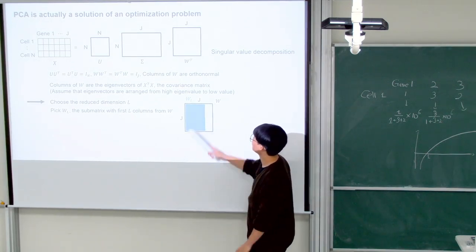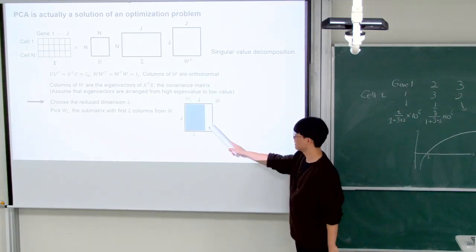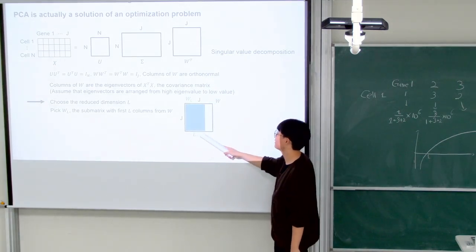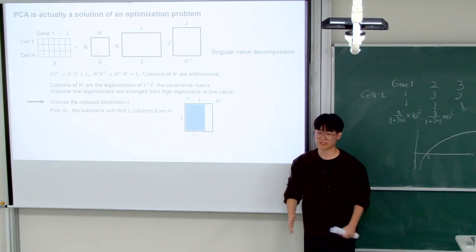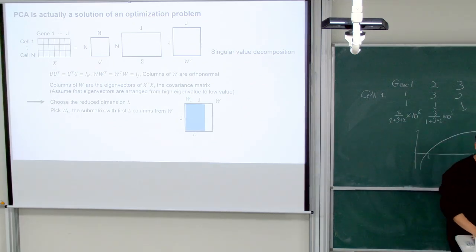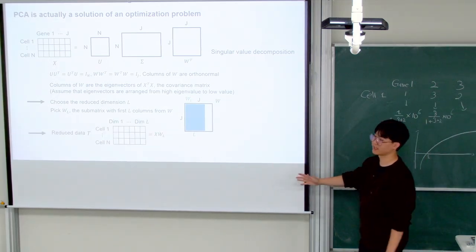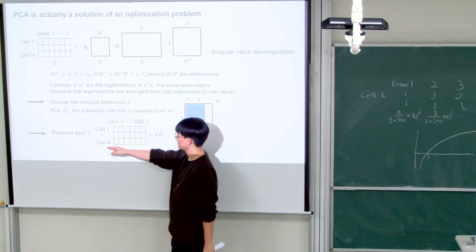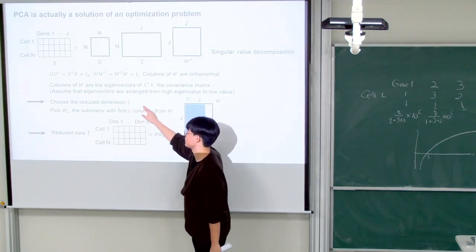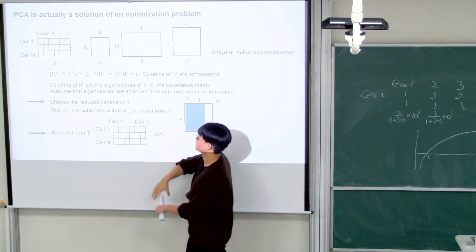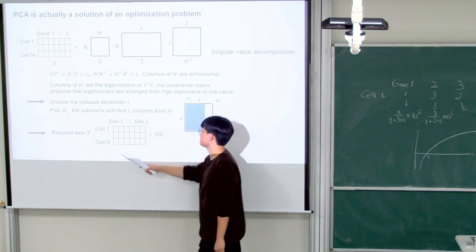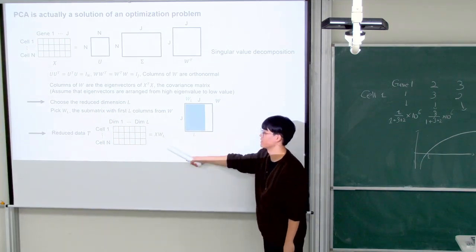Then from the matrix W, we pick the first L columns. That's it. Then we get the reduced data T, which has dimension L as we wanted. This is calculated by the original data X times W_L.